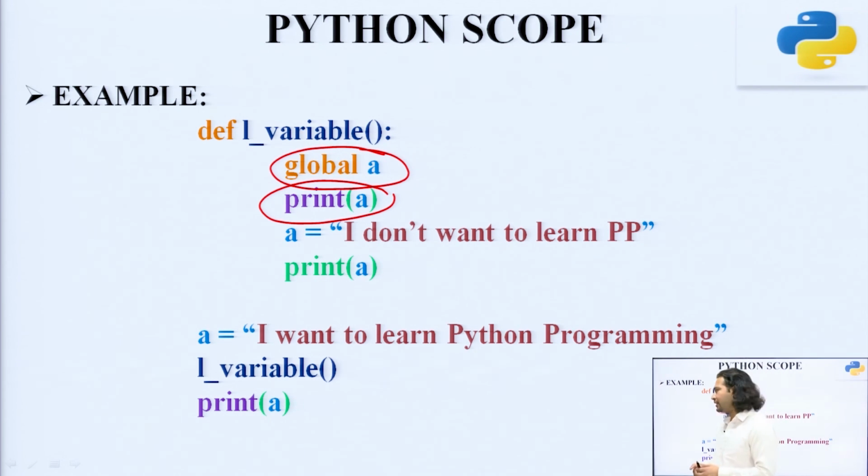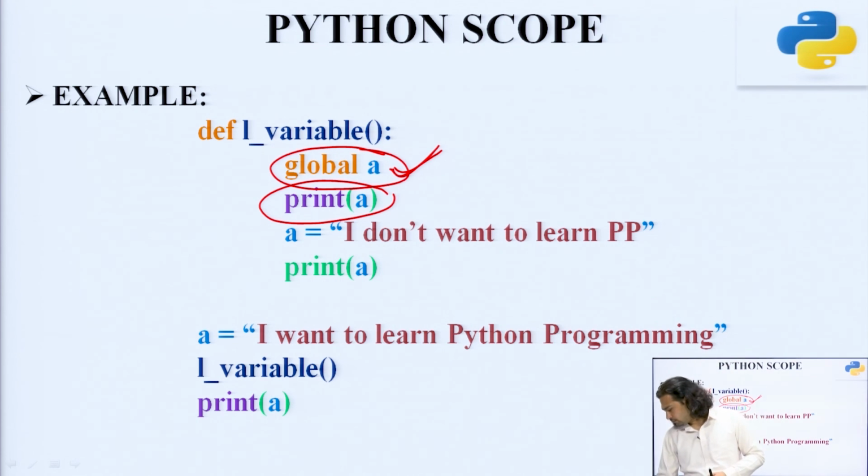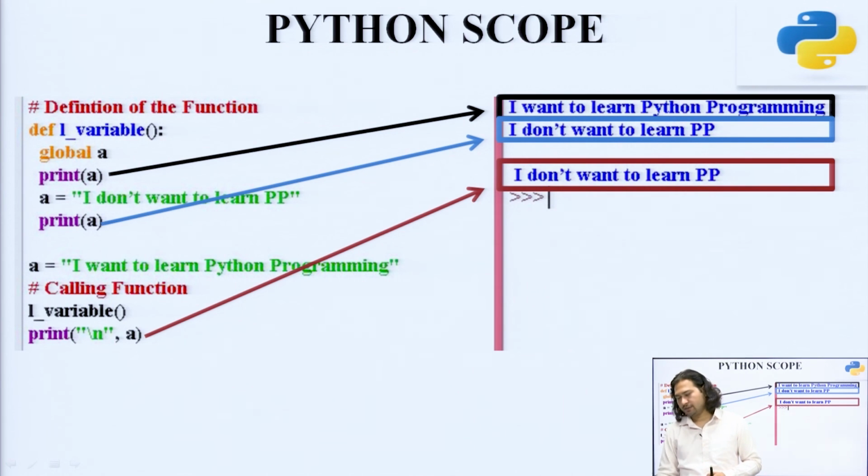So, you need to specify whenever you are dealing with local or global variables, because if you do not specify, it will directly run into the error referred to as unbound local error. And here you can see that yes, right now the program is running successfully. Why is it running successfully?